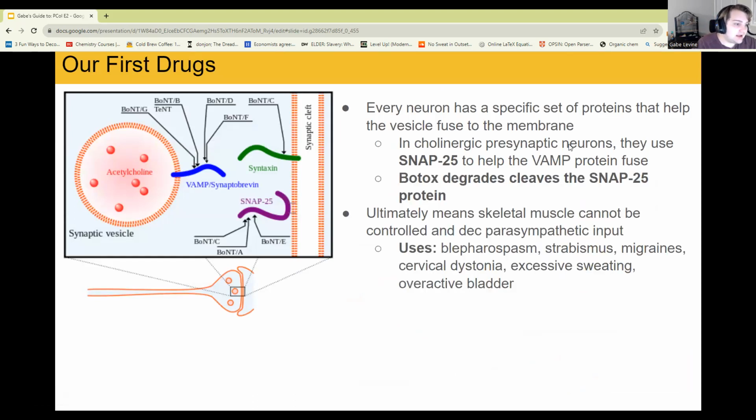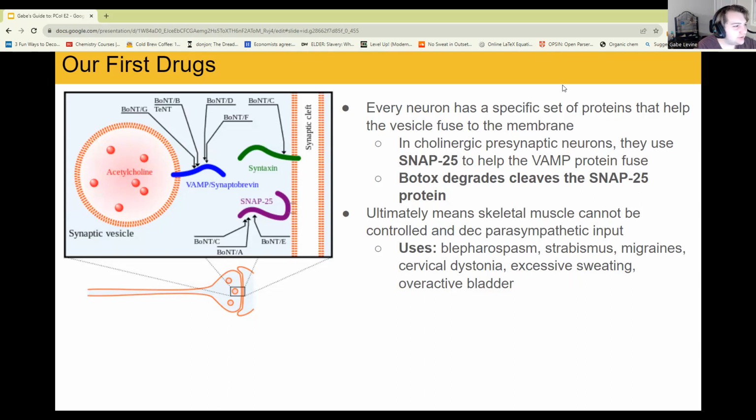Oh, no, that's accurate. My bad. So one of the other newer aspects of Botox is that we can inject it into areas that have high levels of smooth muscle, and we can start to impact the smooth muscle utilizing the same protein.